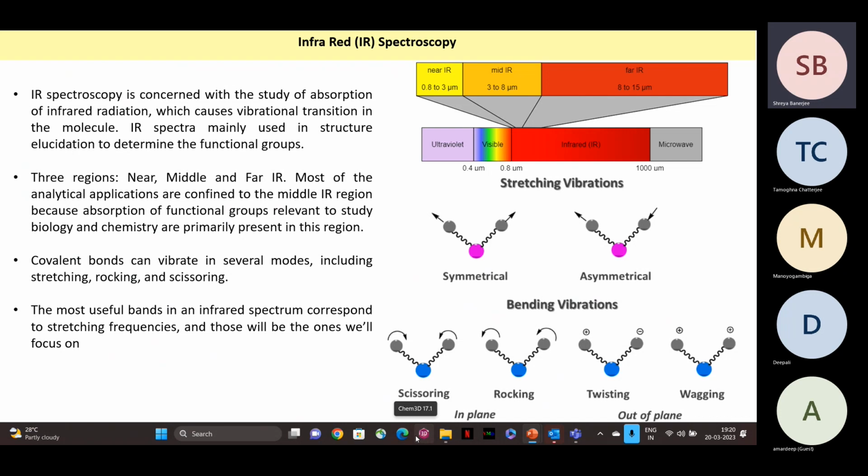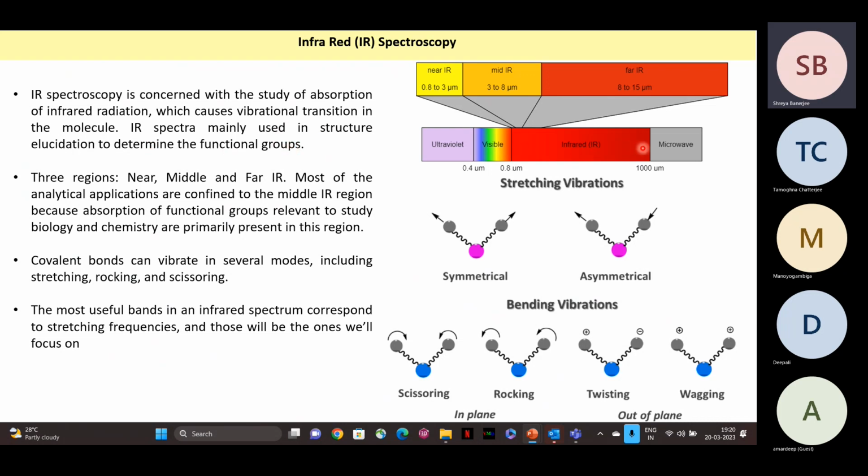So now we will move to IR spectroscopy. We had studied earlier that IR spectroscopy mainly causes vibrational transitions in the molecule, and it is used to determine the functional groups.